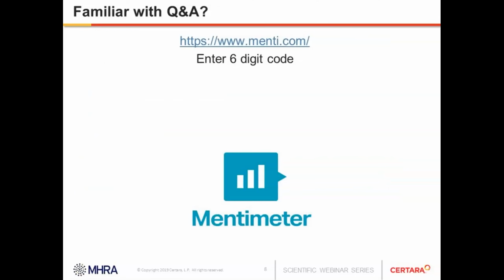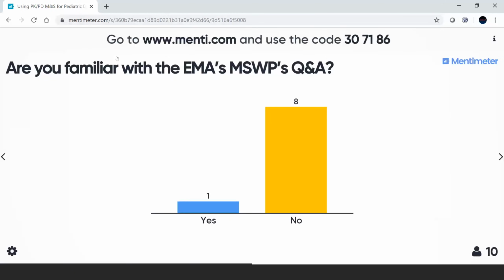We'll go quickly into the next Menti questionnaire. Susanna, if you don't mind bringing that up. This one's just asking participants whether you're familiar with the EMA's Q&A. It looks like we already have some answers to this. It's good to see that we're talking to an audience that may not be completely familiar with the Q&A.